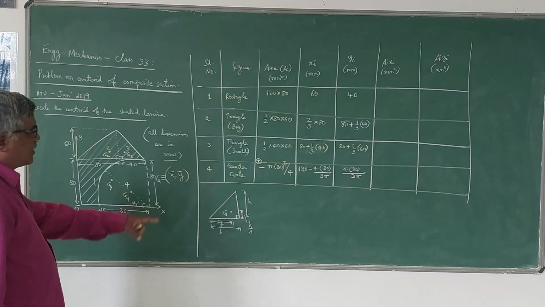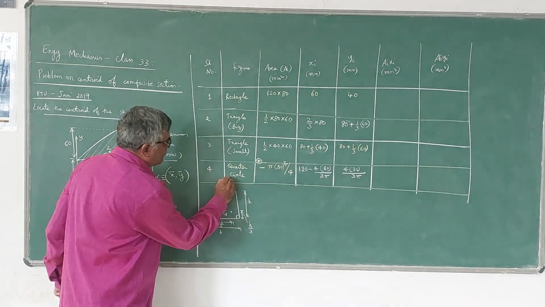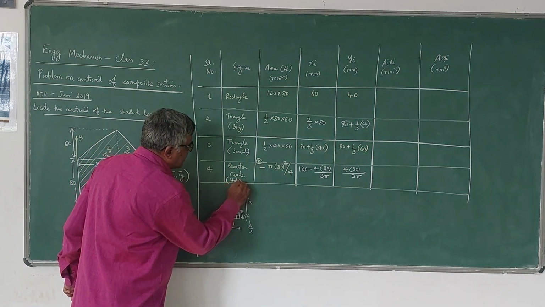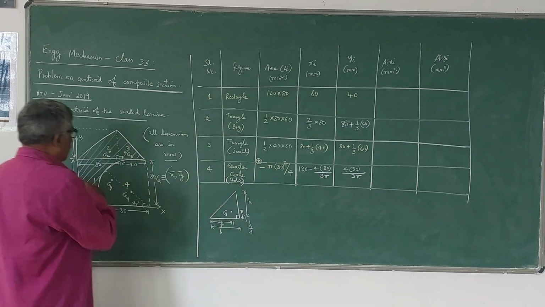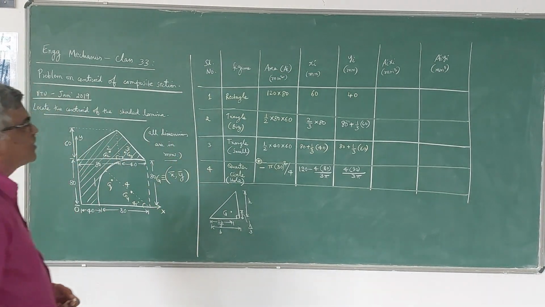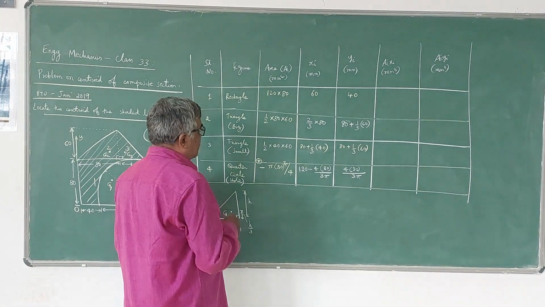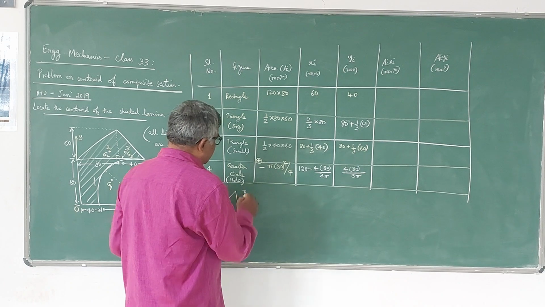Please note that here this is a cutout portion. Therefore, the area is negative. Only for this it is negative. All the other areas are positive. Now, once you get these three values, areas, x values and y values, you have to find three sums here.